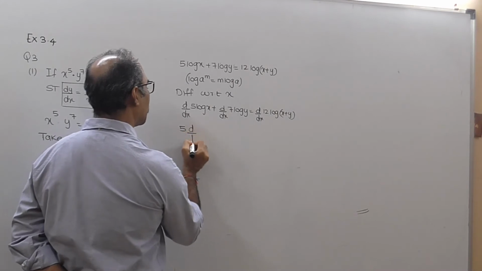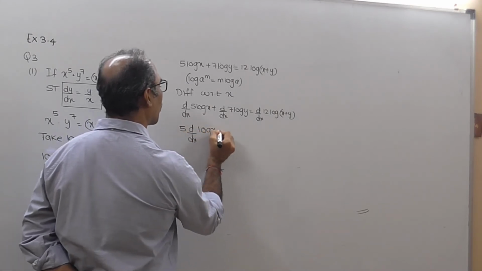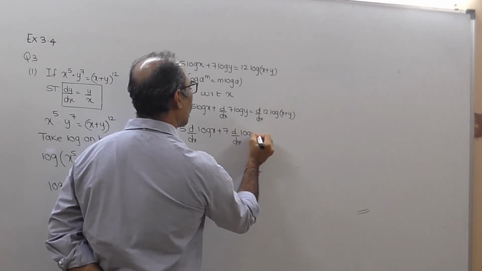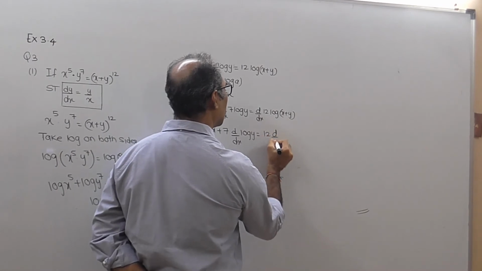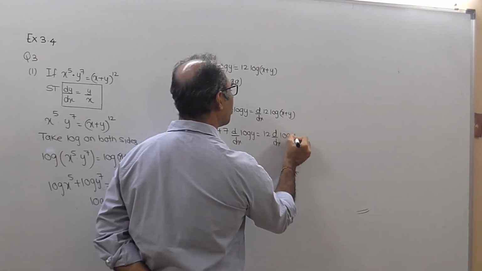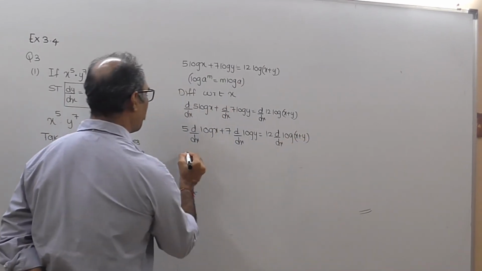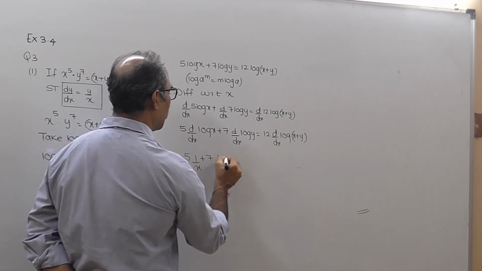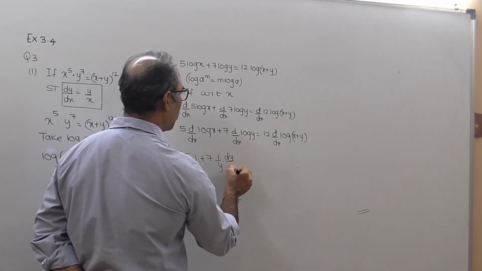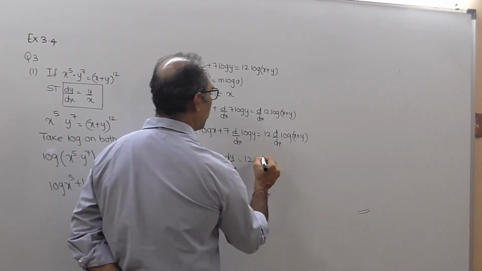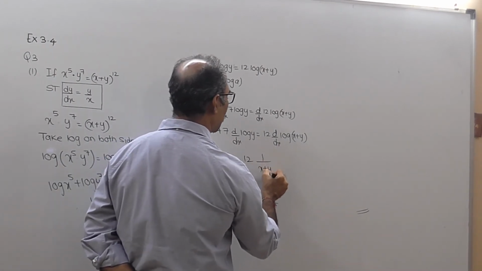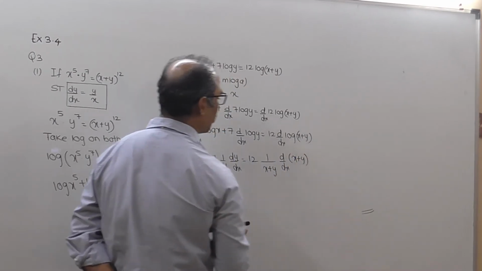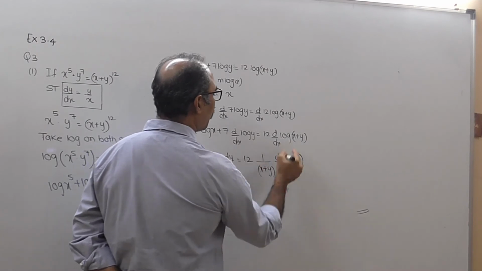5 out, constant, d by dx of log x, 7 out, d by dx of log y, 12 out, d by dx of log of x plus y. 5, derivative of log x is 1 upon x. 7, derivative of log y is 1 upon y, dy by dx. 12, log of x plus y, that is nothing but 1 upon x plus y, d by dx of x plus y, because this is in the form of log f of x.